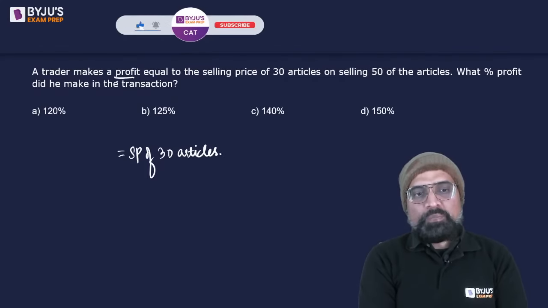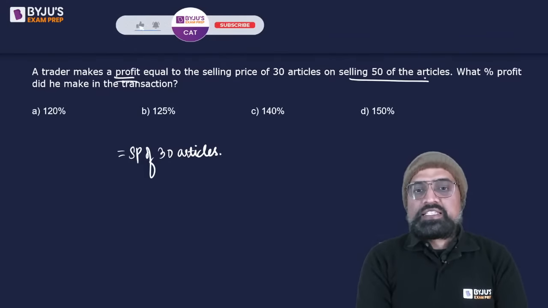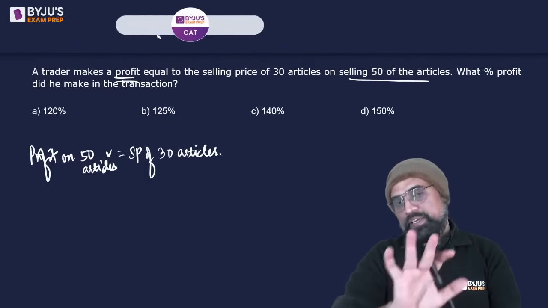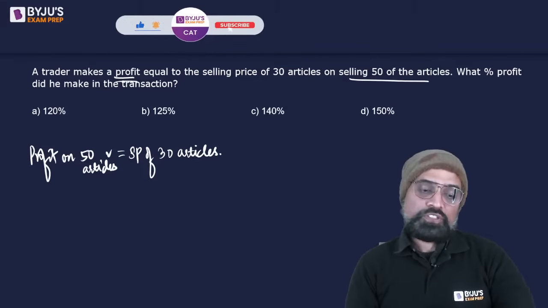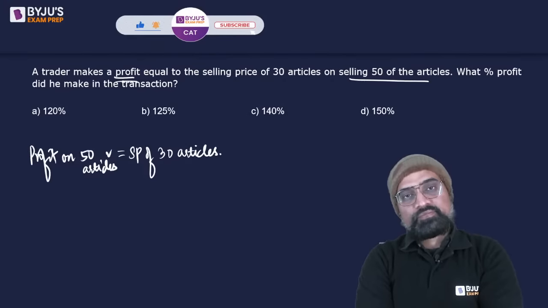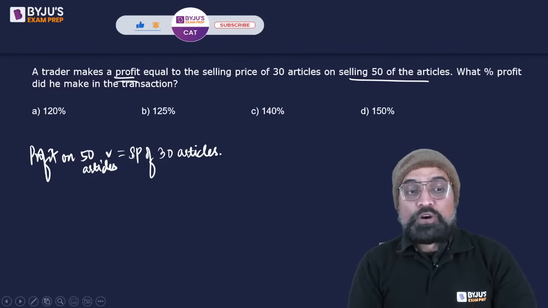But he is going to make a profit. How is he going to make a profit? When he sells 50 articles. So can I say that profit on 50 articles is equal to selling price of 30 articles? Tell me, can we say this from the first statement? Will this hold? Okay.